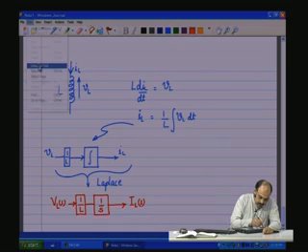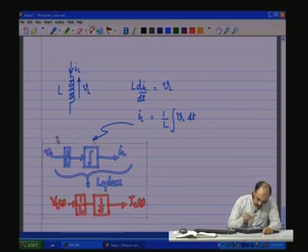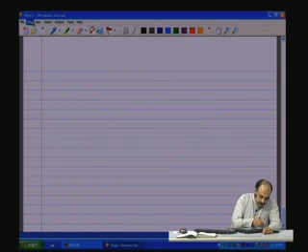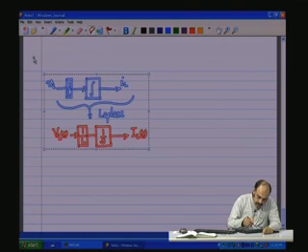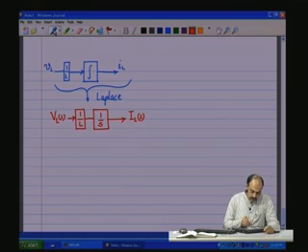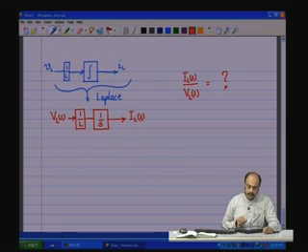Let us just copy this portion, go to this page, paste. Now, here let us say IL as a function of S by VL, which is also a function of S, equals what? We want to obtain this.